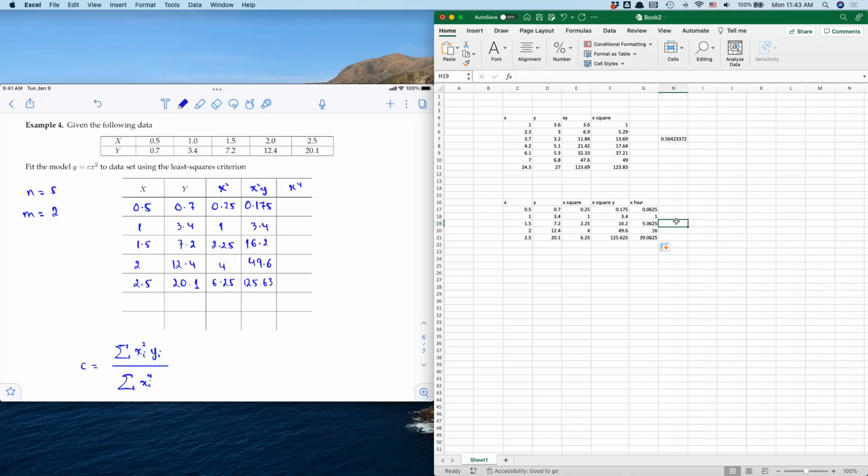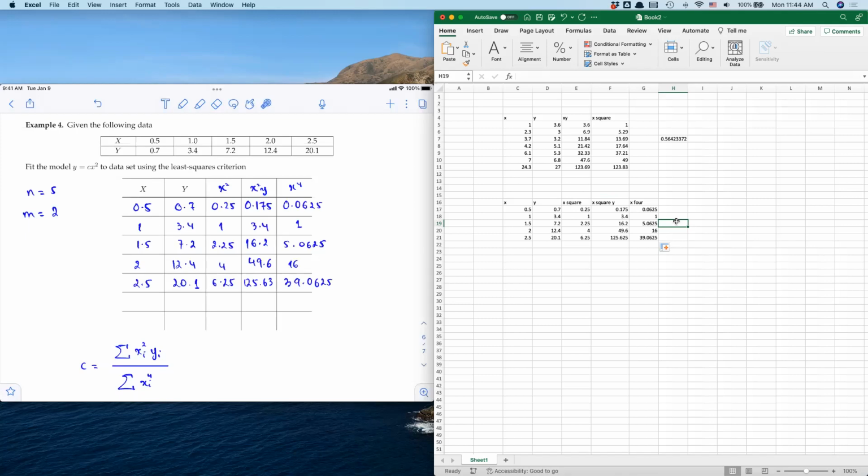Just rounding it up a little bit. And x to the fourth is 0.0625, 1, 5.0625, 16, and 39.0625.